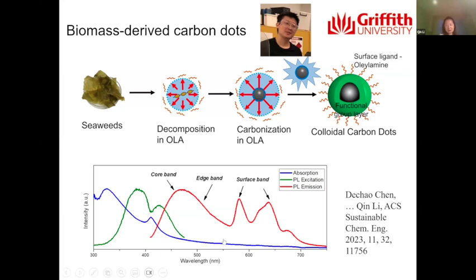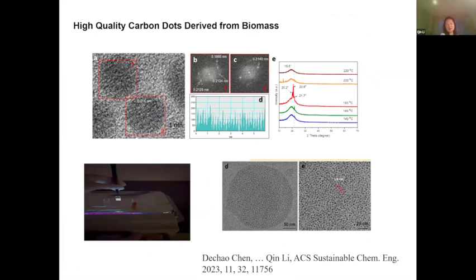So this is the emission band, and it goes from 400 to almost 700 nanometers, with distinctive bands. So a very rich emission profile. And if you look at the TEM images, you can see these are really crystalline structures.